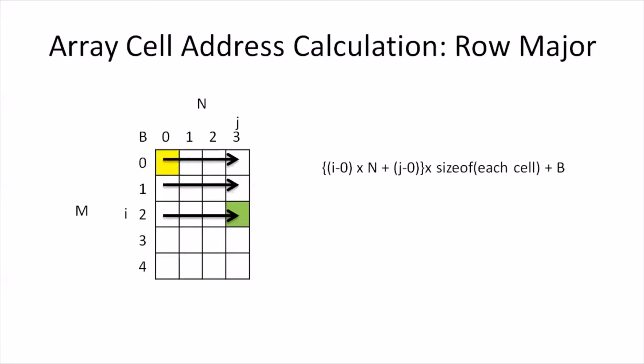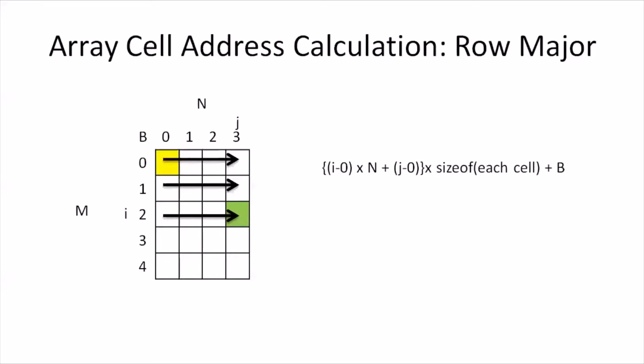Therefore, i-0 into n plus j-0 provides us with the total number of cells that we need to traverse from the 00th cell of the array to reach the desired cell. Once we get to know the total number of cells that we need to traverse, we multiply them with the size of each cell.